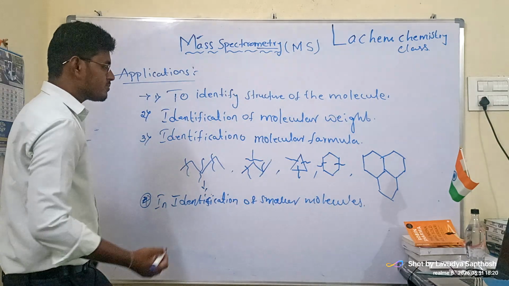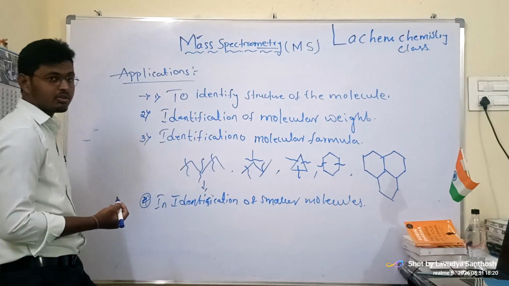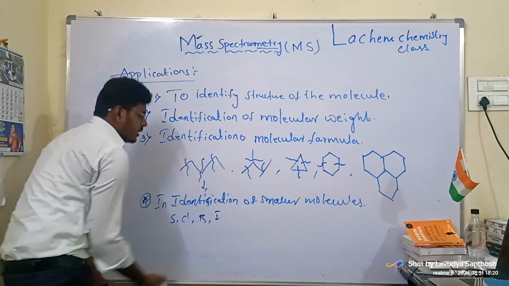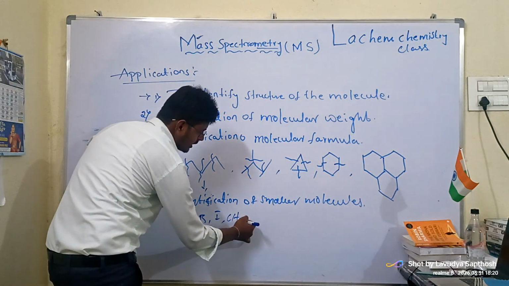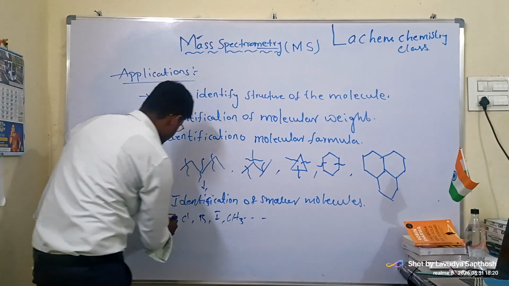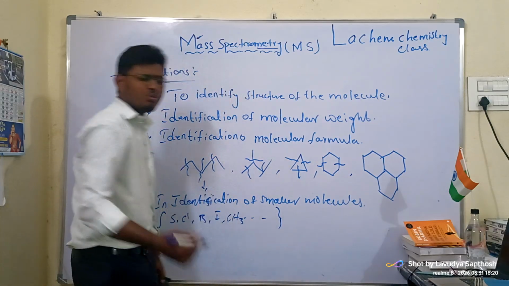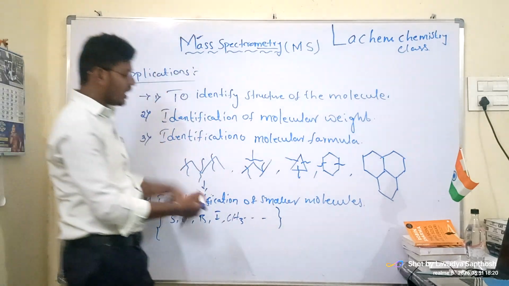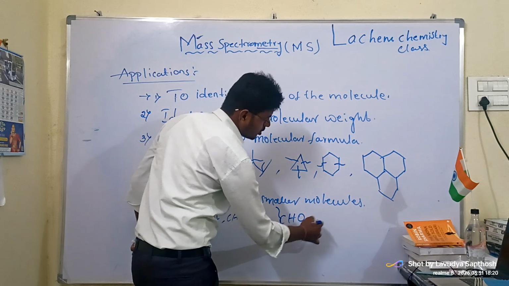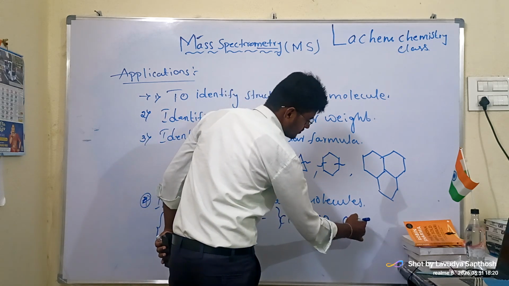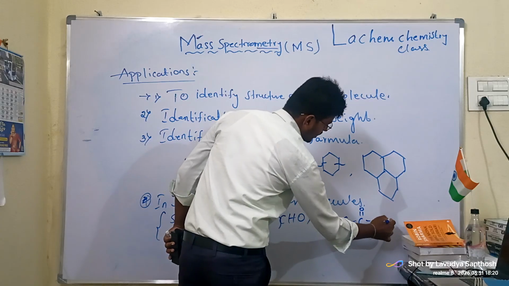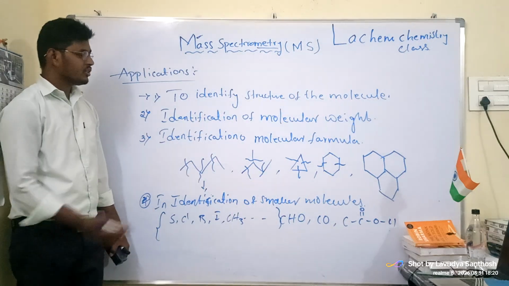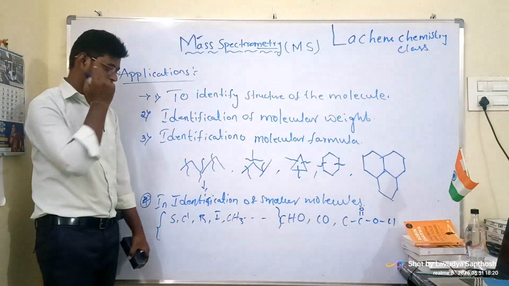You can say atoms also, but here I am using the word molecule, like sulfur, chlorine, bromine, iodine, alkanes, CH3, ethers, epoxides, aldehydes, ketones, CHO, CO, anything that you can take up, to identify their structures.